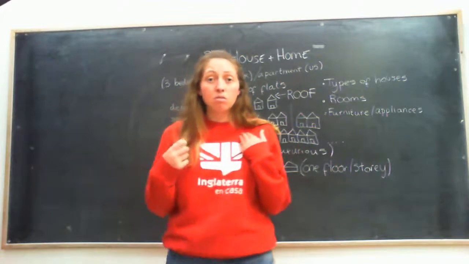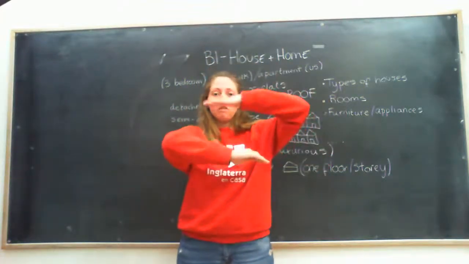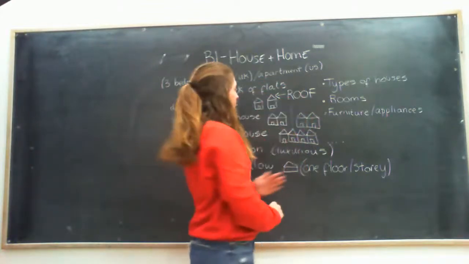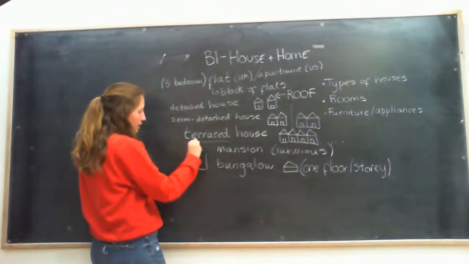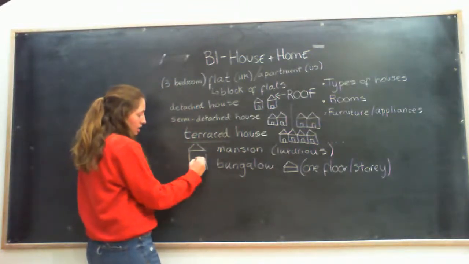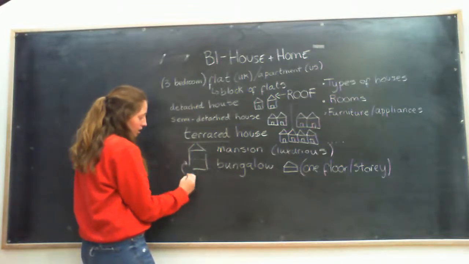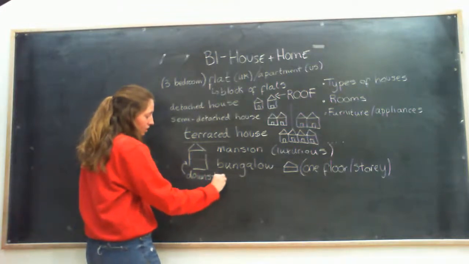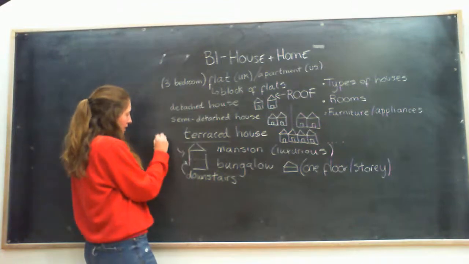So my house in England has 2 floors. Yeah, the downstairs and the upstairs. So we have a house like this that has the downstairs and it has the upstairs.